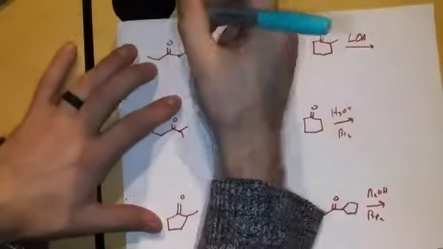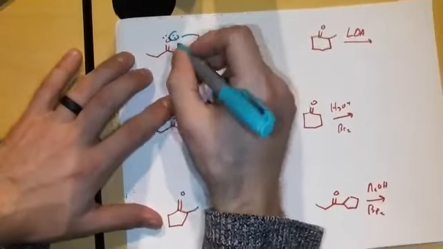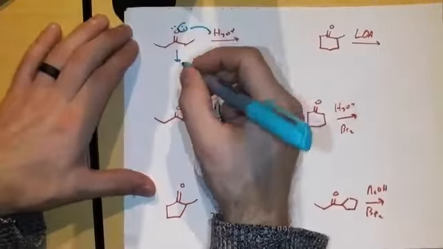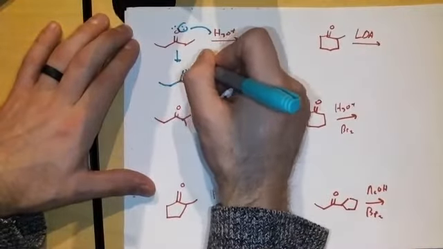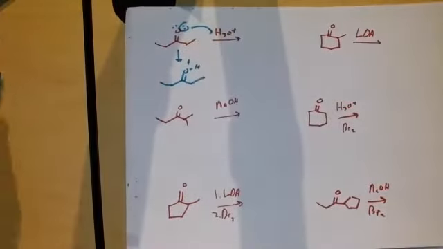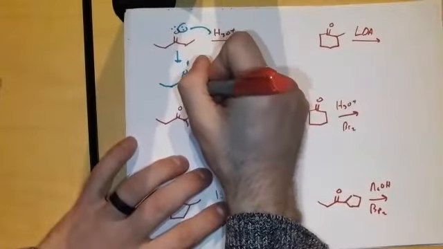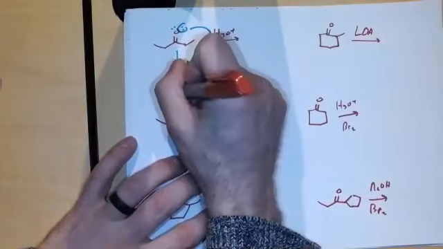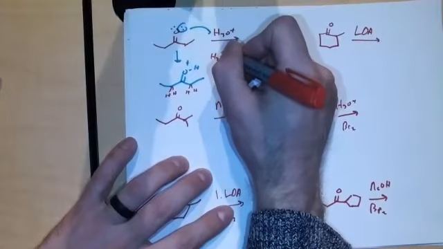We are going to first take a proton. We can pull off one of these beta protons. Symmetrical, doesn't matter which one, so water can pull off one of these.